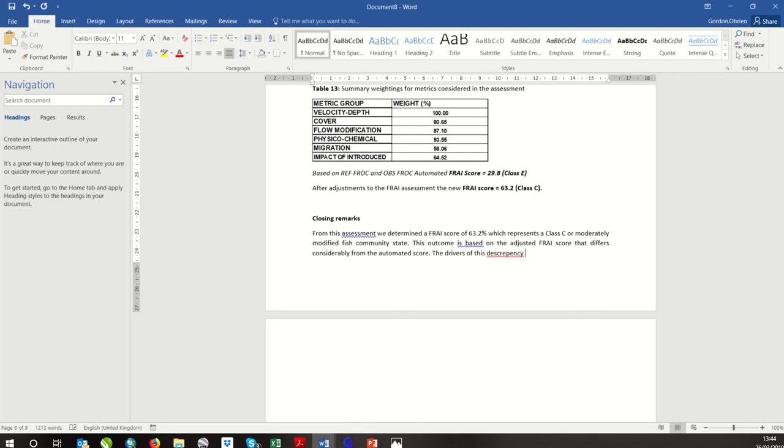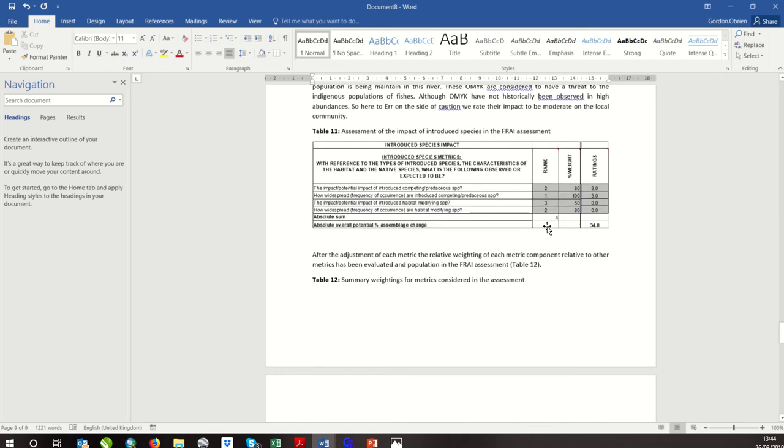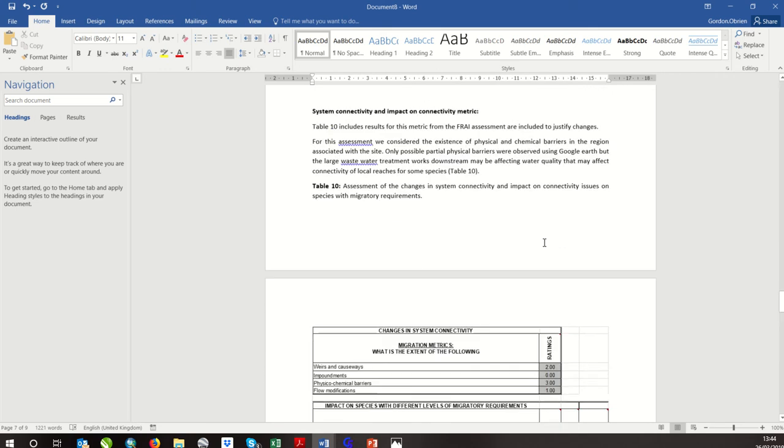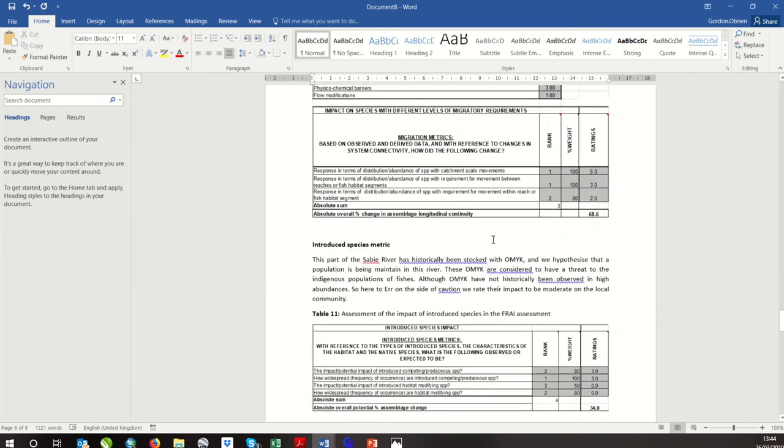The drivers of this discrepancy are the low diversity of species sampled on, what was the date here again? On the 20th of February.